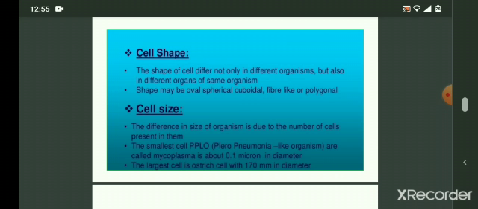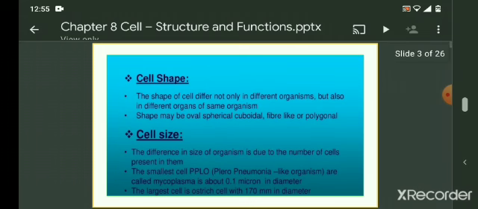Now according to size, all cells are not of the same size. A cell can be as small as a millionth of a meter or as large as a few centimeters to a meter also.